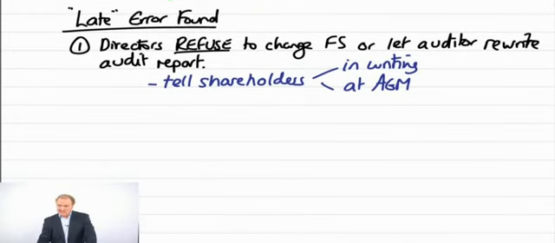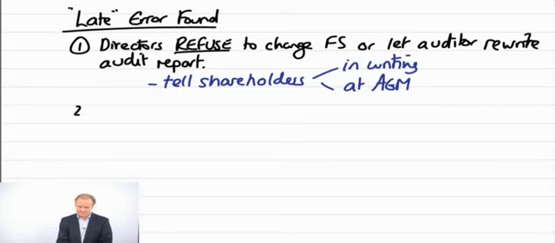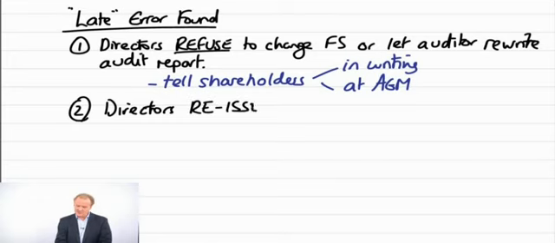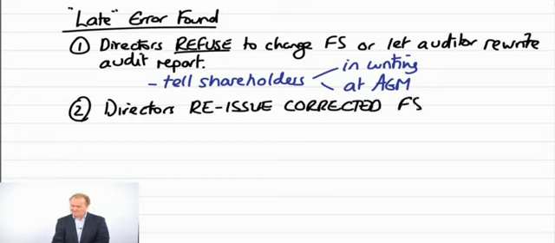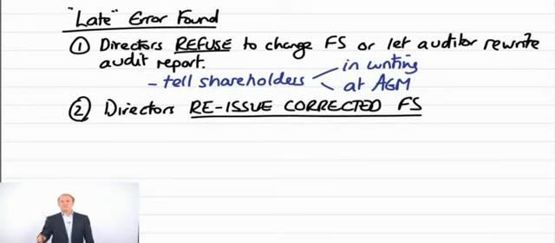The more complicated bit is if the directors reissue corrected financial statements. So they will correct the mistake that's been found and they do the accounts one more time.